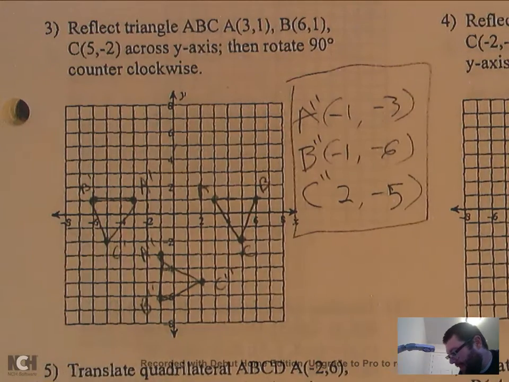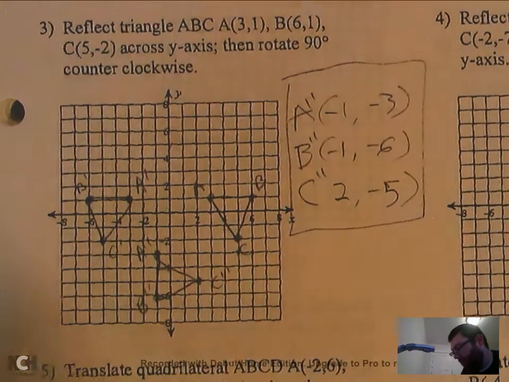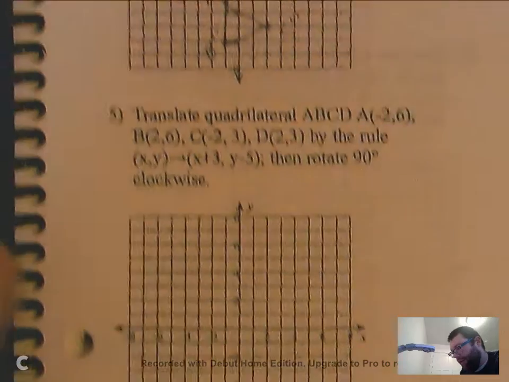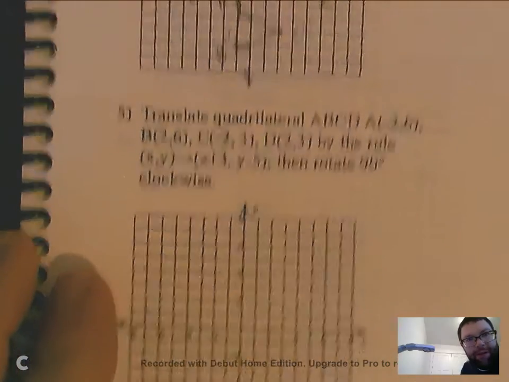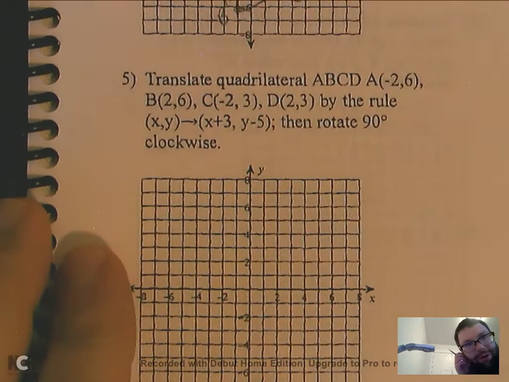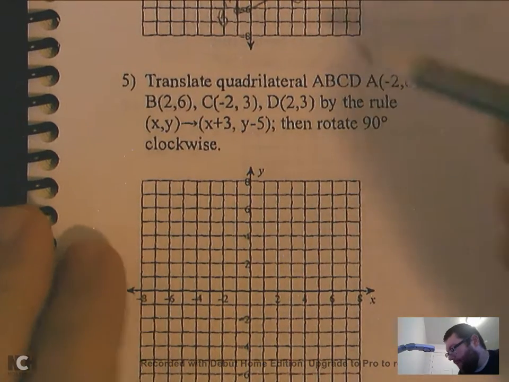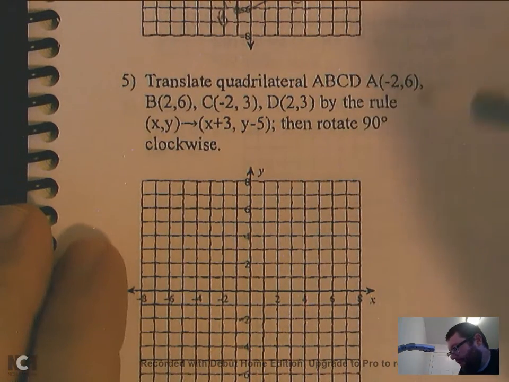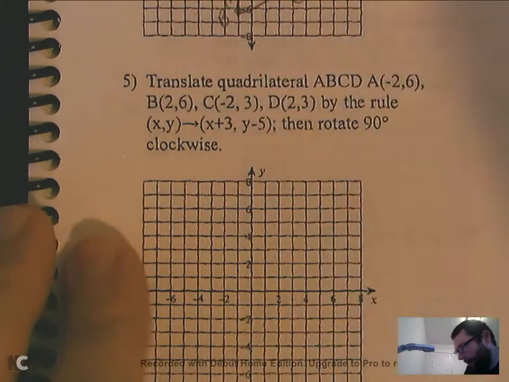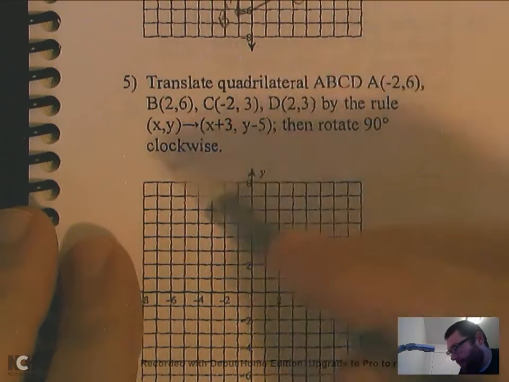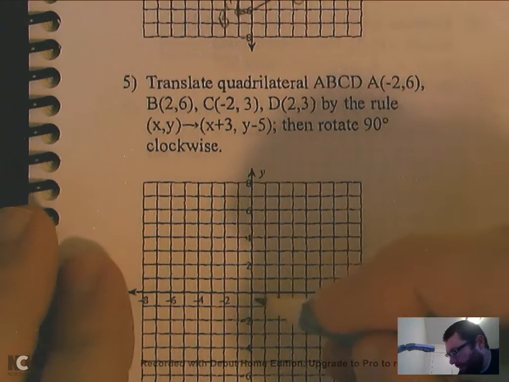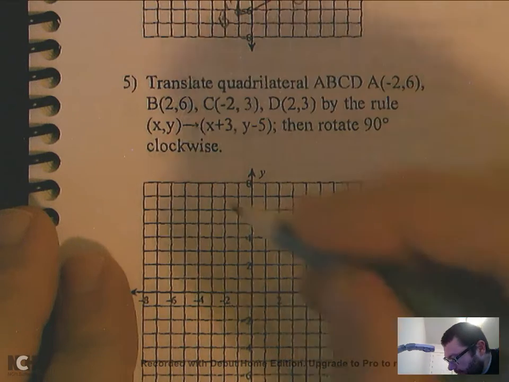Okay, and then let's do one last one here. Let's do number 5. So quadrilateral. So translate A, B, C, D. So let's look at, we're going to put the points down first. So A is at -2 and 6.